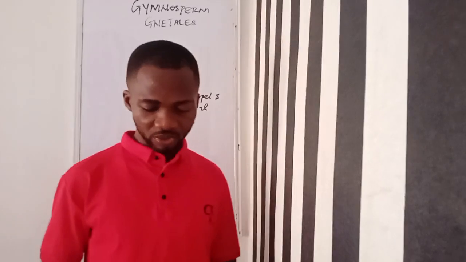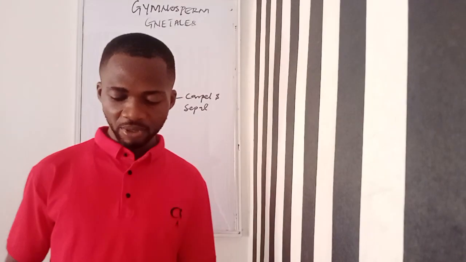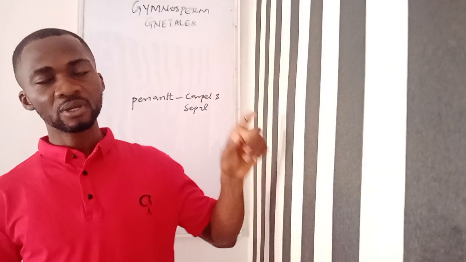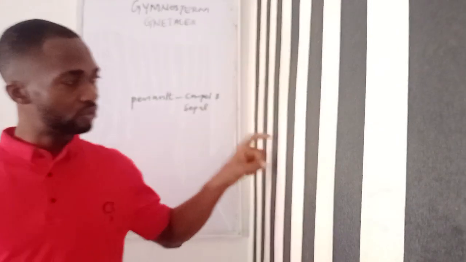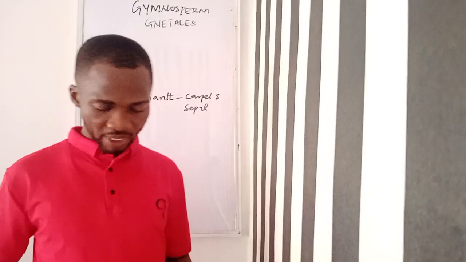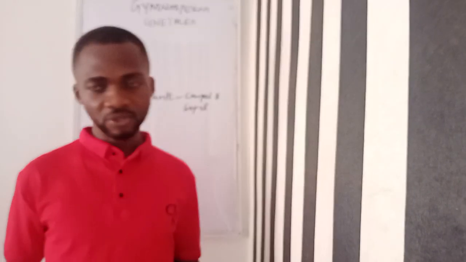The stamen of Gnetum resembles that of an angiosperm. That is correct. The stamen is the male part of the flower. So it's saying that the stamen of Gnetum is similar to that of angiosperm. The endosperm is formed after fertilization, as in angiosperm. This is very important.